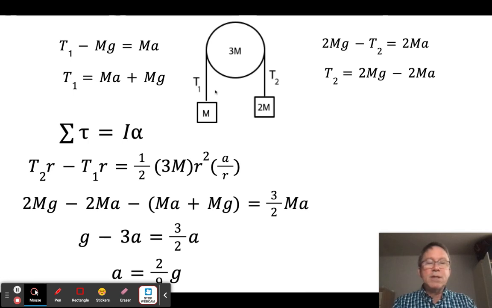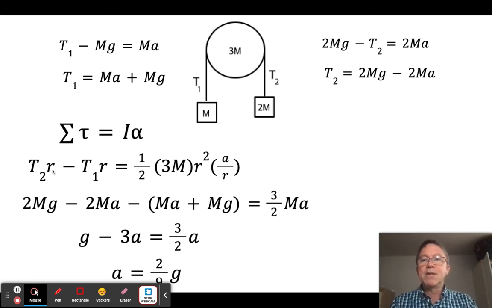T2 is winning over here, so T2r minus T1r, because T1 is trying to make it go the other way, is equal to, and this is a solid disk, 1/2 mr squared. But in this case I have 3 m's, so it's 1/2 3mr squared. And instead of writing alpha, I'm going to say a over r.